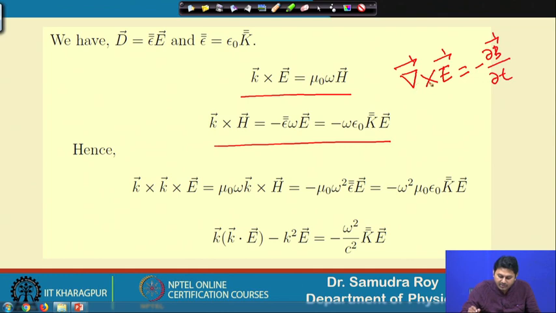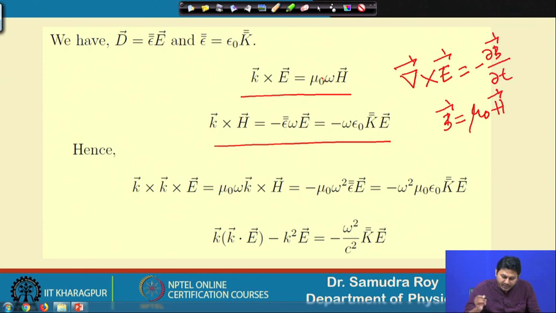So, the curl is replaced by k, and del t is replaced by minus omega, and B is replaced because we know that B is mu 0 H. I use this relation, and this leads to the first equation.